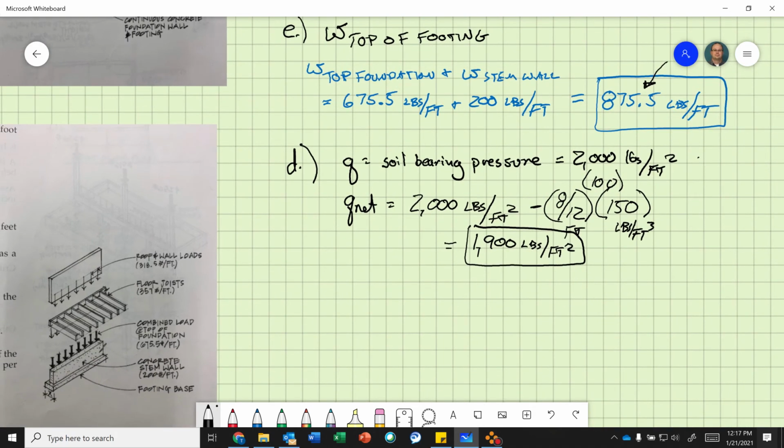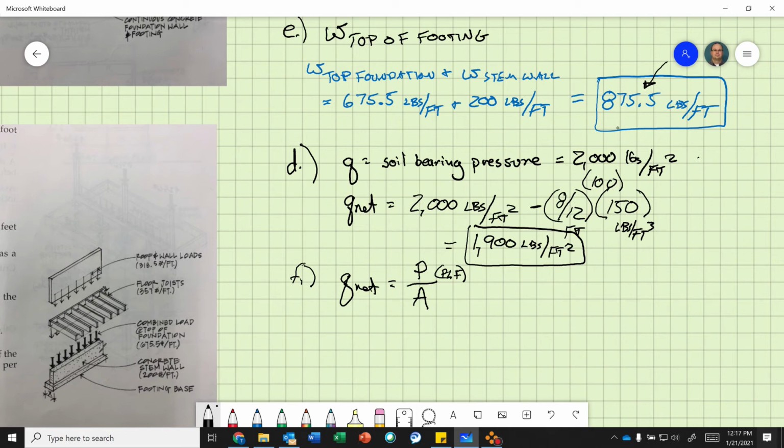All right, so now knowing that, we know Q net equals my load divided by my area. And this load is in pounds per linear foot, because what we're going to do is base it on a per foot basis. We're going to assume that we're cutting that foundation and we're just looking at a 1 foot long piece of foundation.